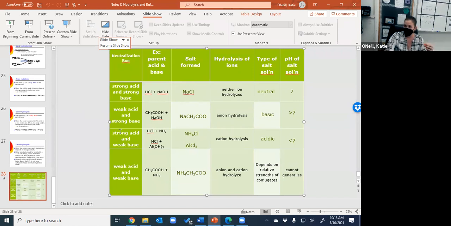And then on the flip side, strong acid with weak base, there's a couple of examples here. We're going to form the cation hydrolysis because the weak base will have a strong conjugate acid. That strong conjugate acid is going to bond with the OH, and the H will be left in solution, so it's acidic with the lower pHs.